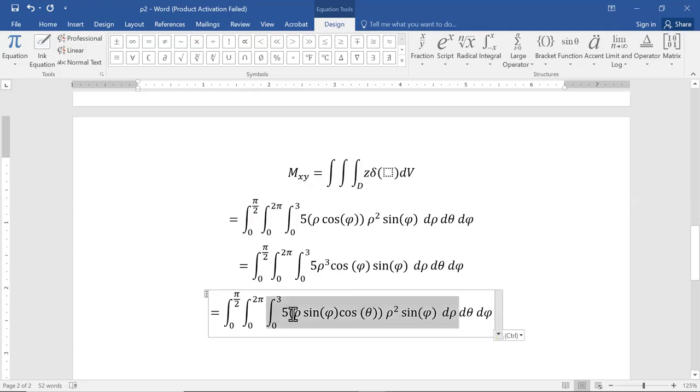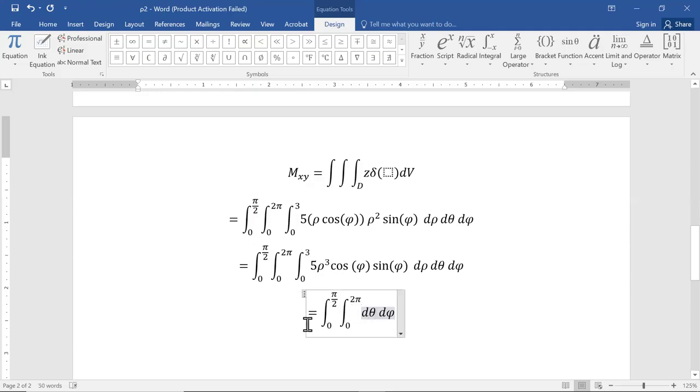When I integrate the interior integration, the cosine of phi and sine of phi are constant, so they just stay put.